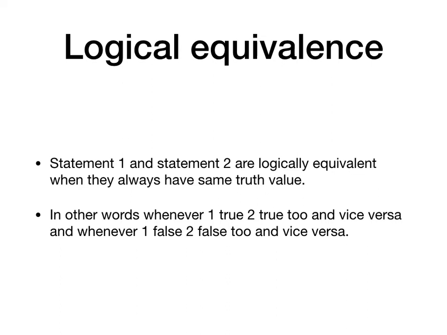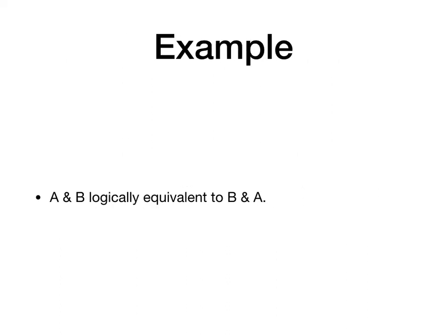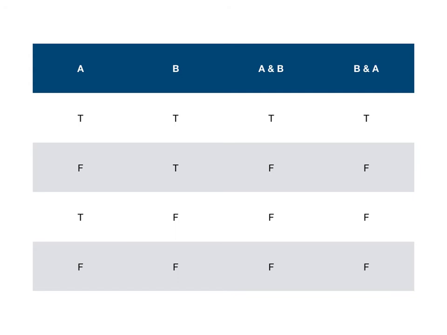So here's an example your book uses. Pretty simple one. A and B is logically equivalent to B and A. A and B means the same thing as B and A for purposes of logic. Look.